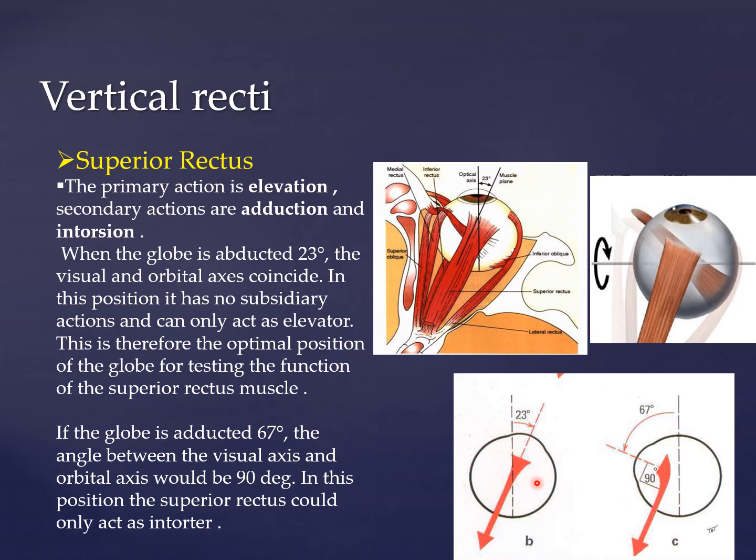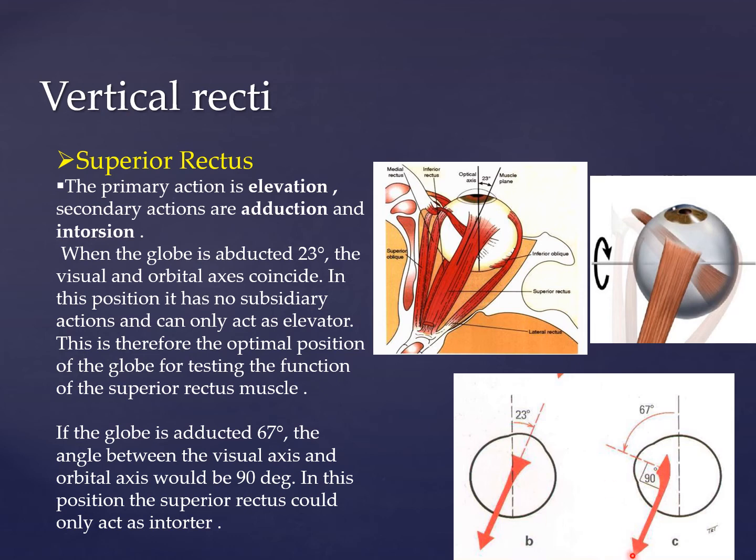Because in the primary position, it is also doing its secondary and tertiary actions. And it is not a pure elevator at that time. So this would be the best position to check the action of superior rectus, in abducted position. This concept will be more clear to you when we do the diagnostic and cardinal positions of gaze.